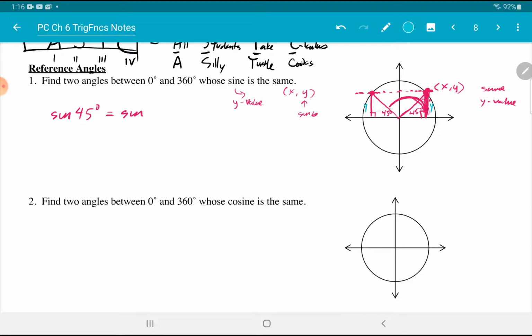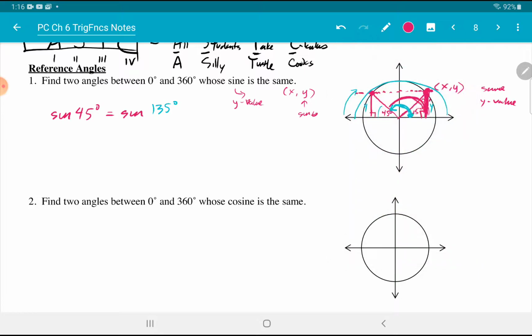So if this angle is 45, then what we want is actually to find this angle, because remember, we always measure angles from the 0-degree mark and work our way counterclockwise. So what is that? I think that's going to be 180, which is a half circle, and take away the 45 degrees. That's going to give a measure of 135 degrees. So sine 45 degrees is equal to sine 135 degrees.